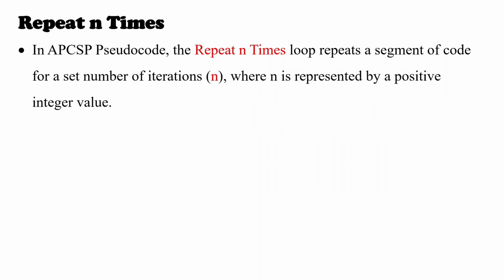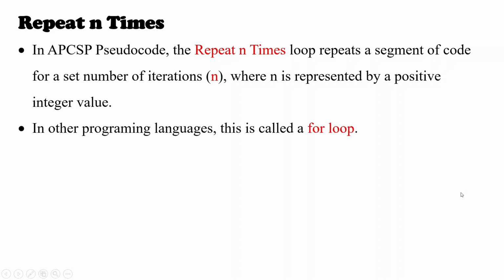The repeat n times loop repeats a segment of code for a set number of iterations, what we would call n. In the loop header, n would be replaced with a positive number. In most other programming languages, this is called a for loop, but it can take on a few different loop headers.